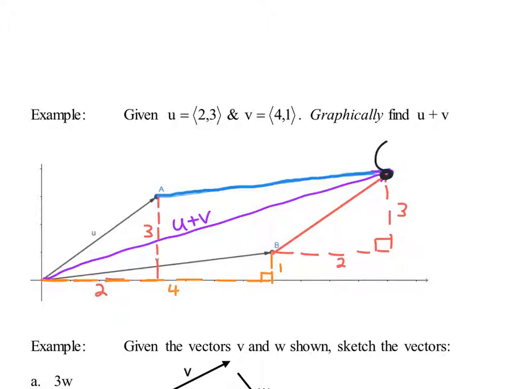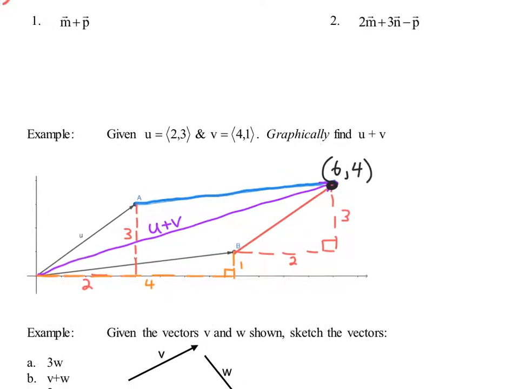And so I'm just looking at the coordinates, not the vector itself, the component form, which, I mean, they're going to go hand in hand, but if I started at 4 and I'm going an additional 2, I'm now at 6. If I started up 1 and went an additional 3, I'm now at 4. All right, so that's our graphical representation leading us to the vector 6, 4.